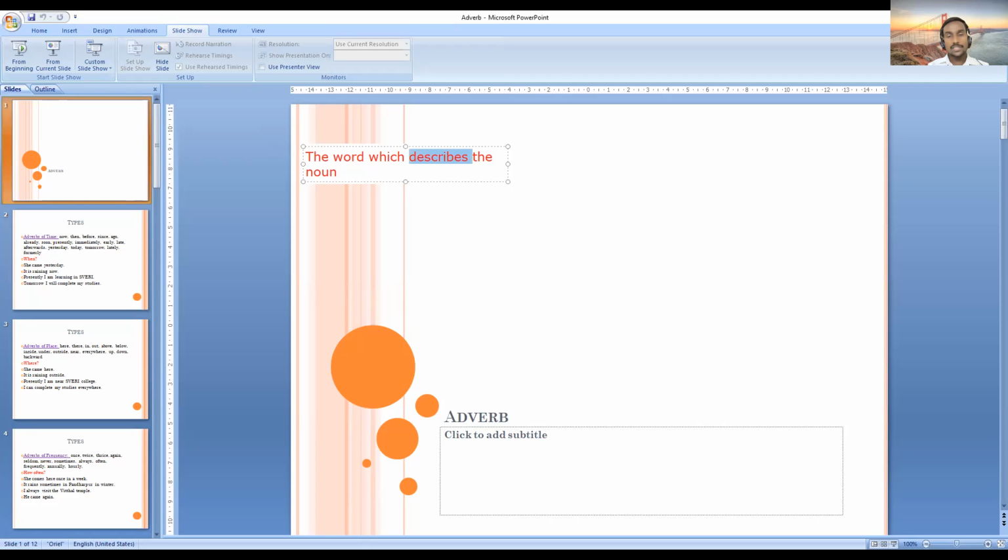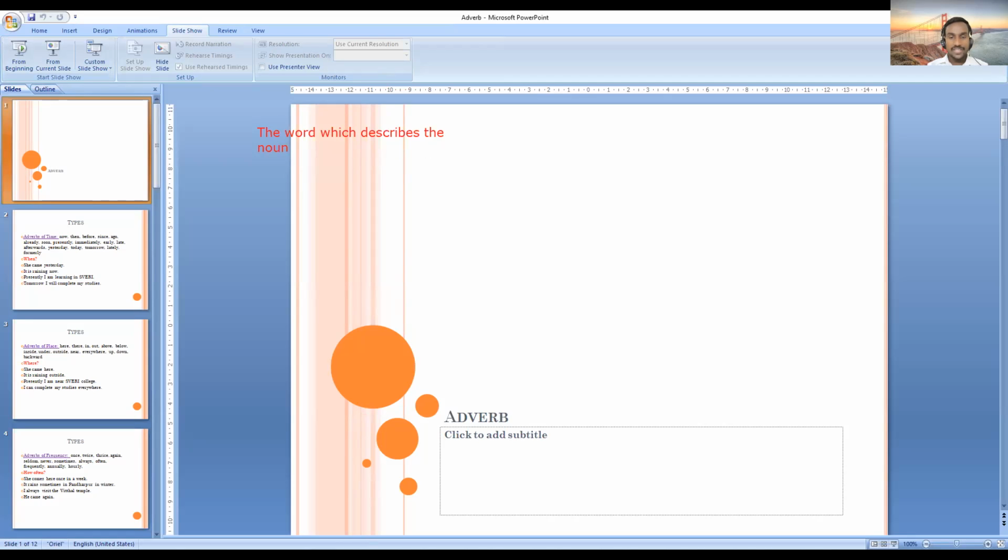So now we just need to think about adverbs. When we are talking about adverbs, here we already have a verb.